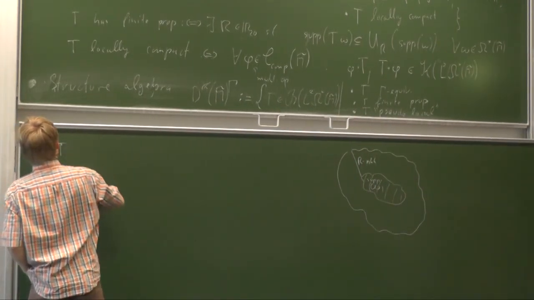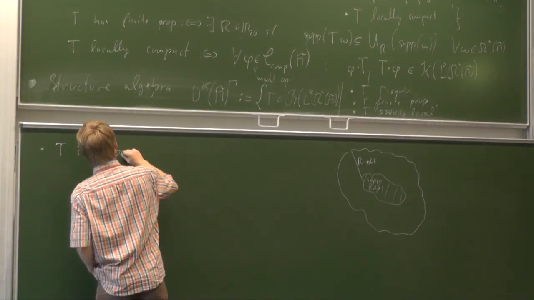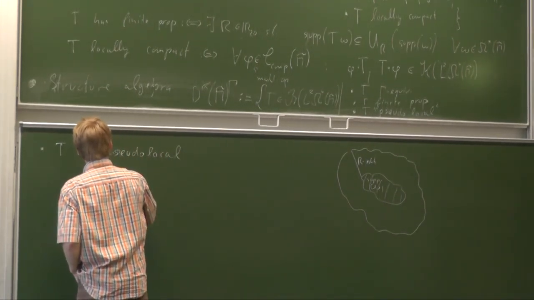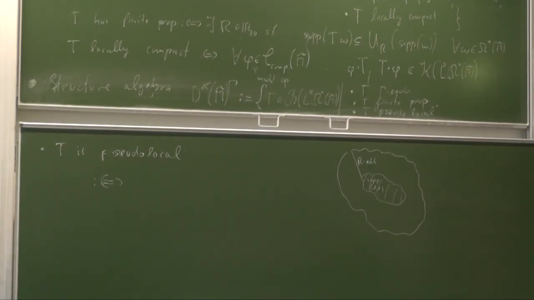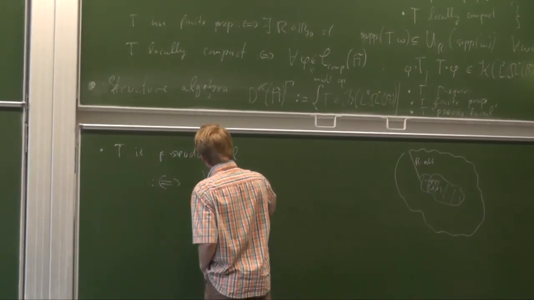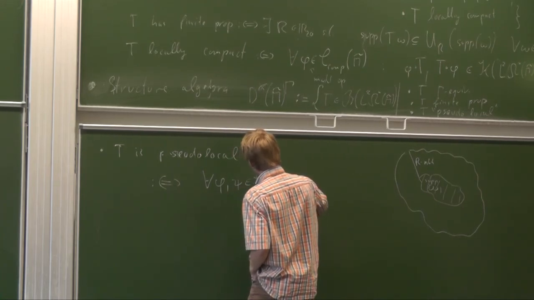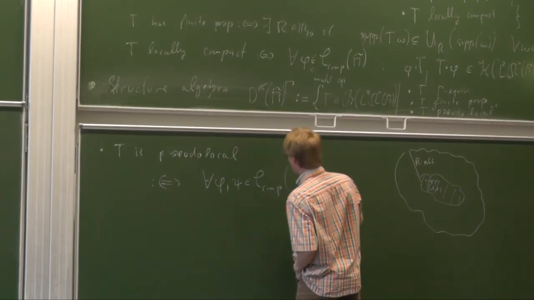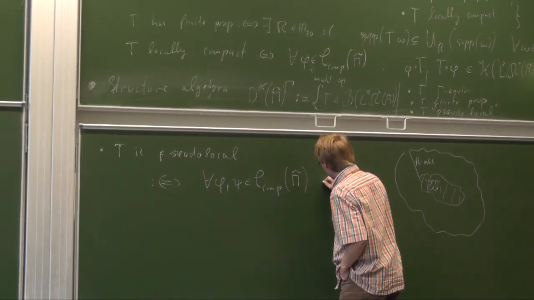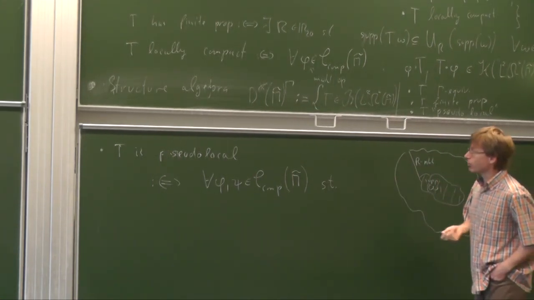T is called pseudo-local, a weaker condition than local compactness, if and only if, whenever we have two compactly supported functions, phi and psi, on M tilde again, and now I'm supposing that their supports are disjoint.